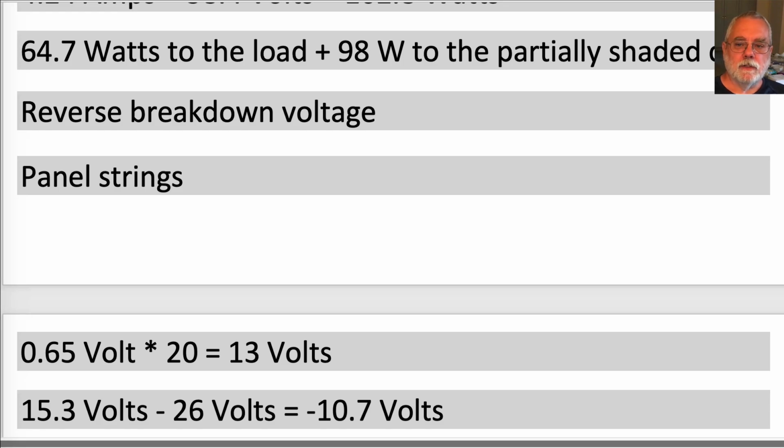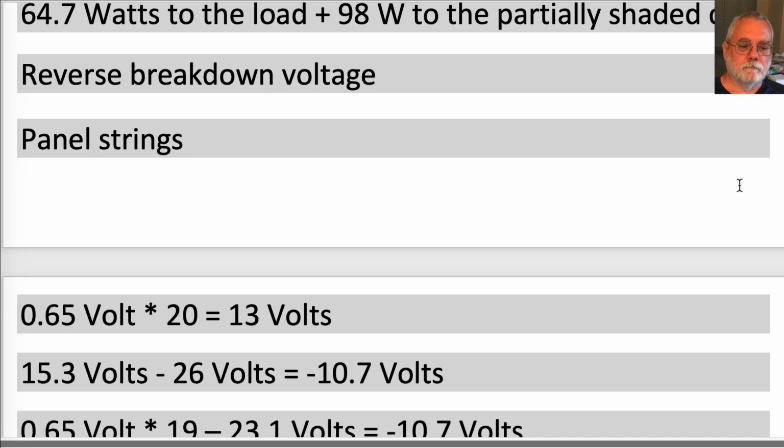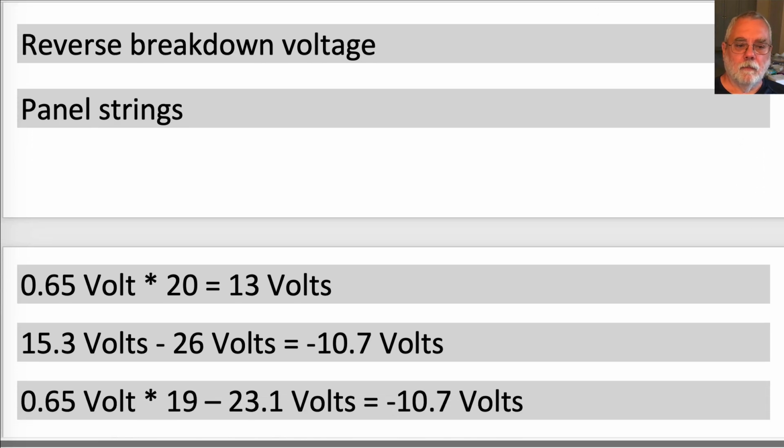The string with the partially shaded solar cell will have a voltage of minus 10.7 volts. We verify this for the 20 solar cells of that string: 0.65 volts times 19 minus 23.1 volts for the partially shaded solar cell equals minus 10.7 volts.